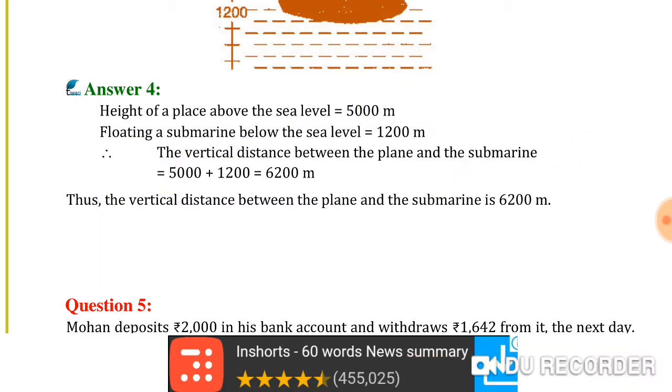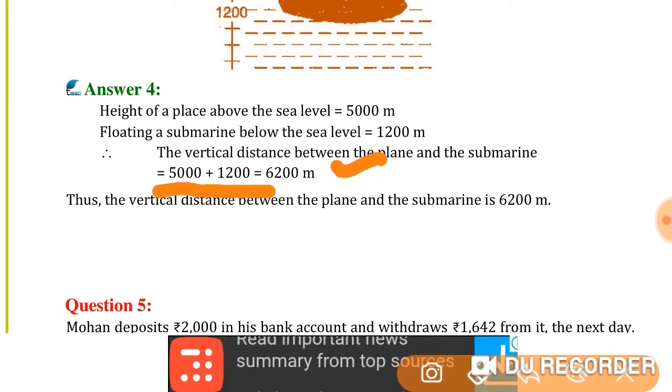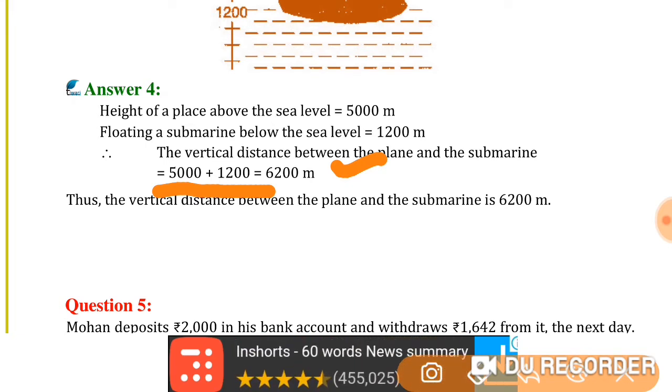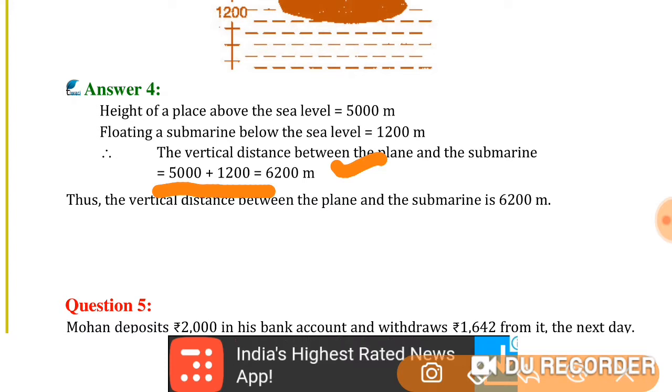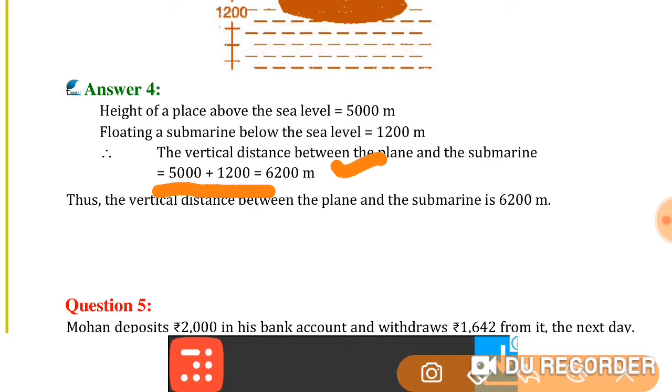Here also we have written it directly as positive 1200. How it comes, I am telling. Usually 1200 is a negative integer, but when you take the difference you'll get the distance. Okay, you'll get the answer 6200 meters, the distance between the submarine and the plane.